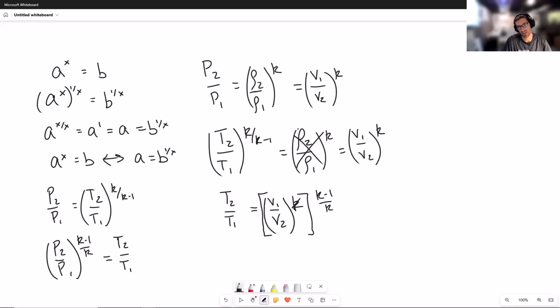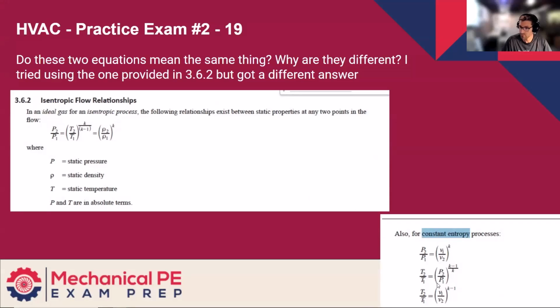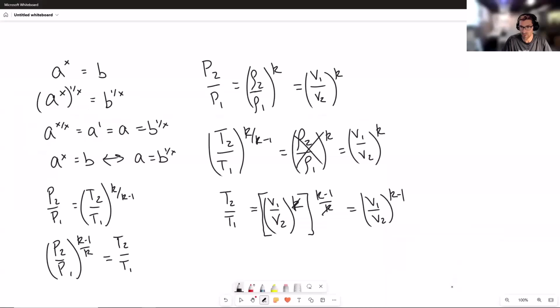So K over K is 1. And now that right side equals V1 over V2 raised to the K minus 1. T2 over T1 equals V2 over V1 raised to the K minus 1.